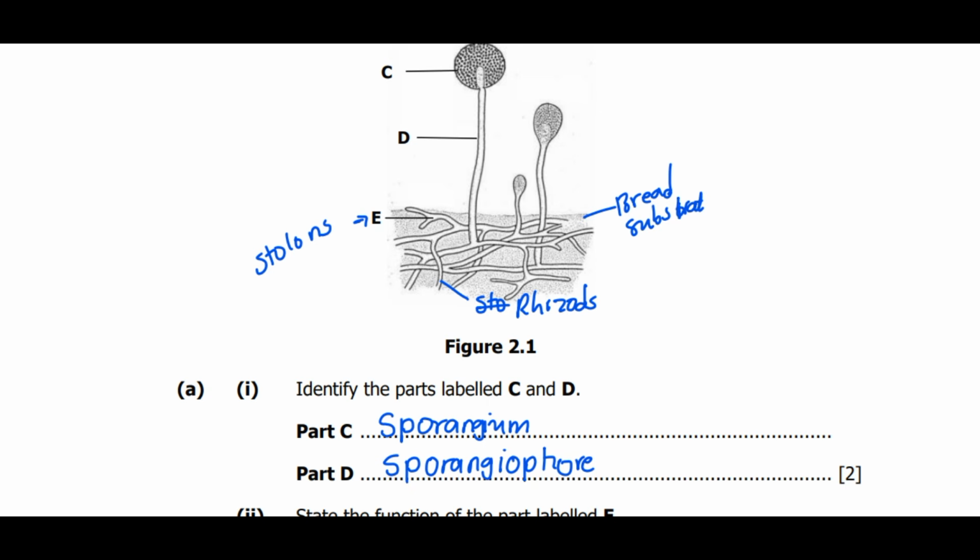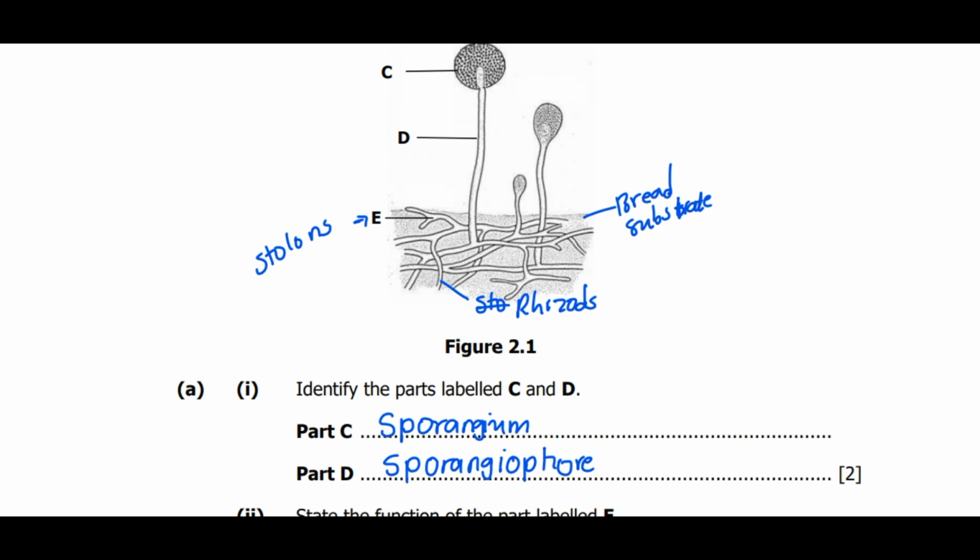A substrate in this case is the substance where the organism obtains its nourishment. Now, what is the type of digestion? The type of digestion that occurs here is extracellular, which occurs outside the body of the organism.